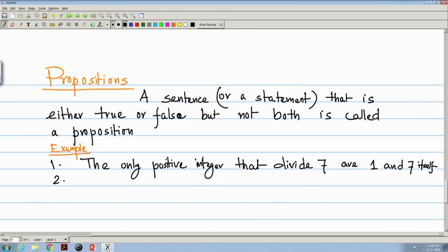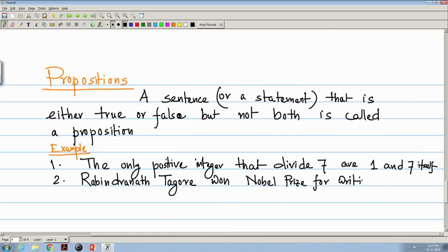Second statement: Rabindranath Tagore won the Nobel Prize for writing Shesher Kabita.